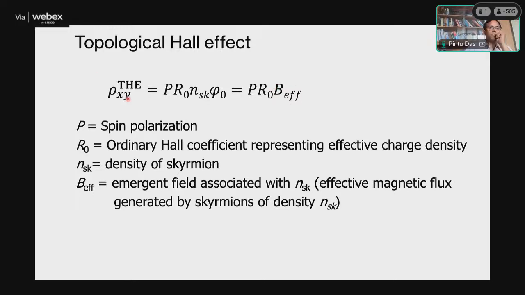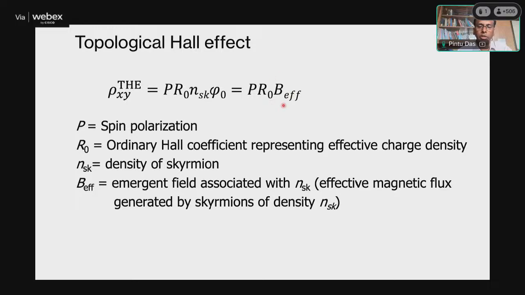Now this topological Hall effect one can define. Theoretically one can show that this is given by the spin polarization of the system times the ordinary Hall coefficient, and this is the density of the skyrmions. If you are given a system, you have a certain density of the skyrmions, n_sk, and this phi 0 is the flux of the skyrmions.